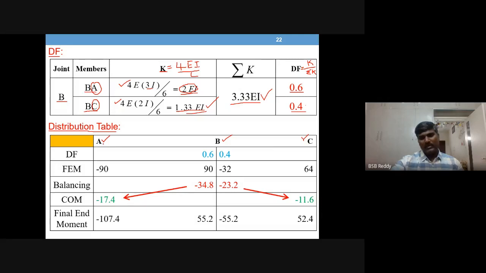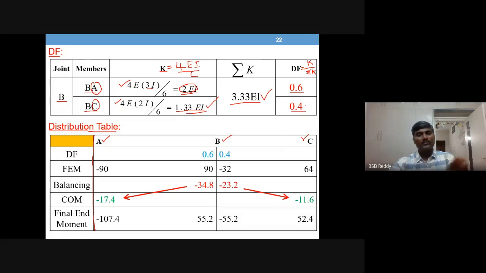So we have end A, end B, and end C. Then you draw a line at the middle of B, so that B is at the middle.